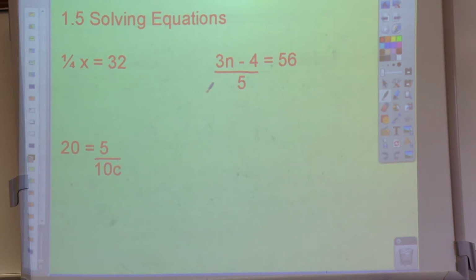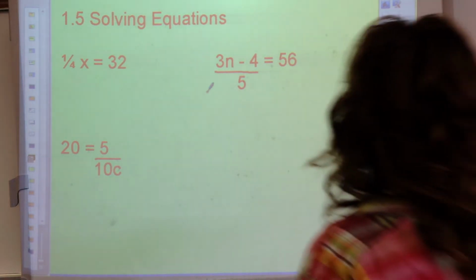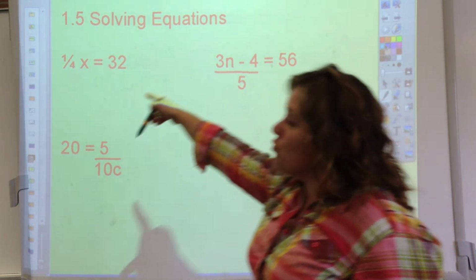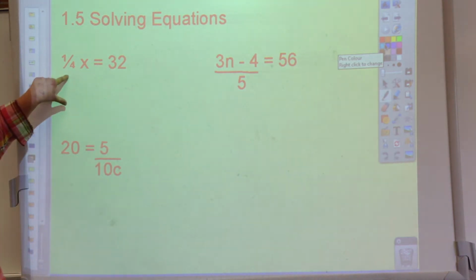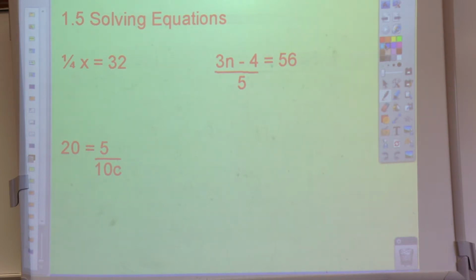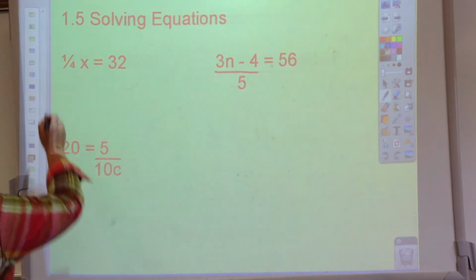Whenever we are solving equations, we are first looking to get our variable alone by doing opposite operations. For example, if you look at my first example, number 1, we have 1/4 times x. In order to get rid of the 1/4 times x, we need to do the opposite operation and divide by 1/4.